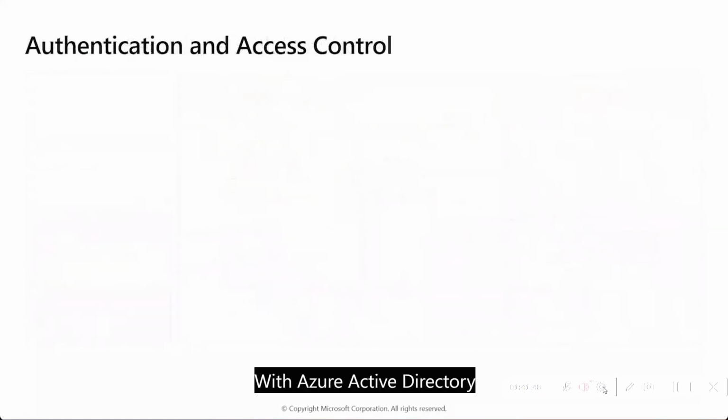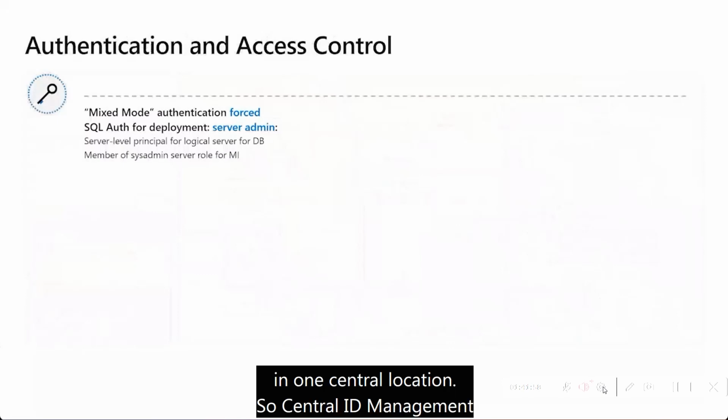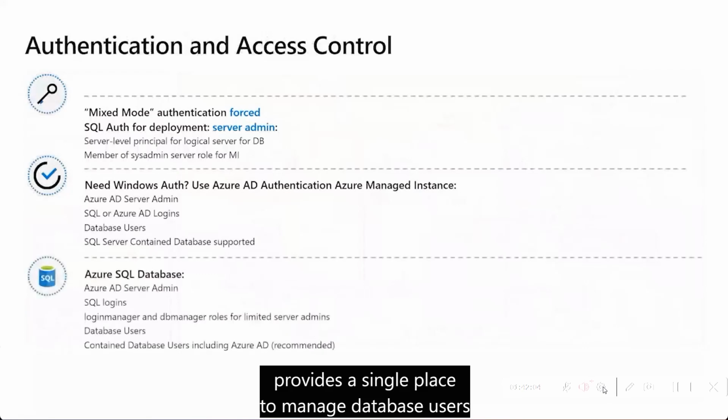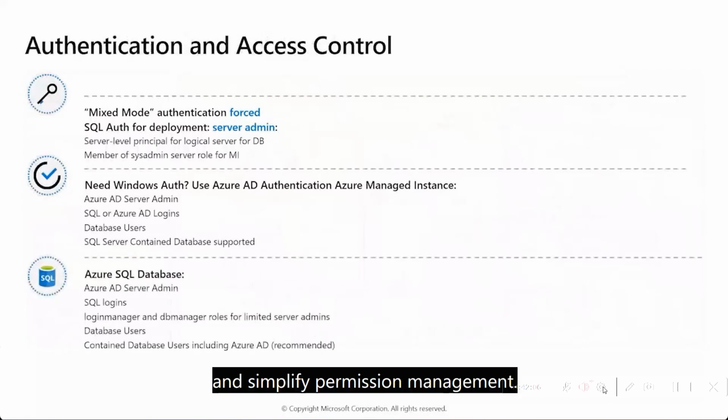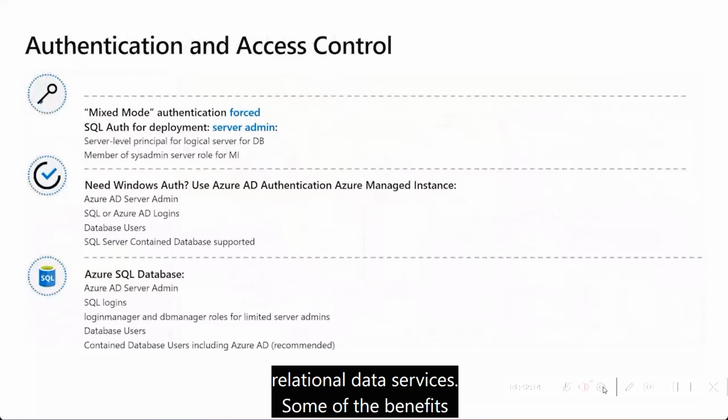With Azure Active Directory authentication, you can centrally manage the identities of database users and other Microsoft services in one central location. So central ID management provides a single place to manage database users and simplify permission management. So you can use these identities and configure access to your relational data services.